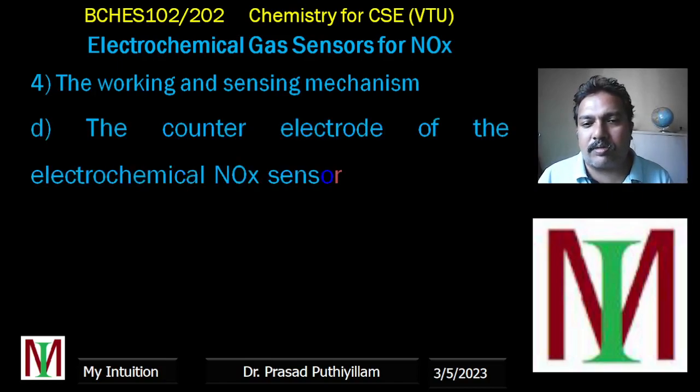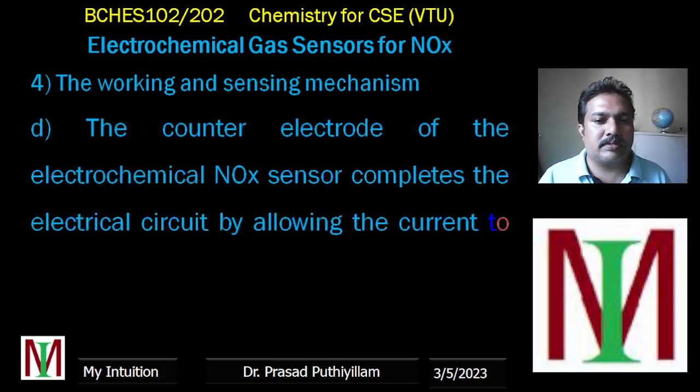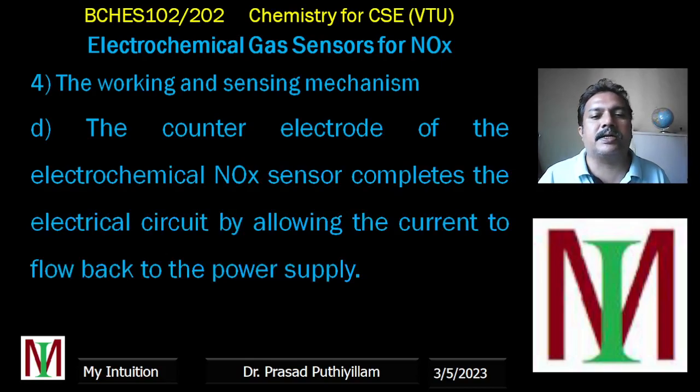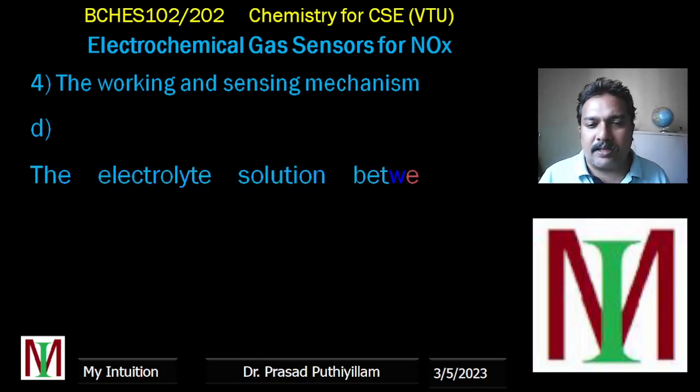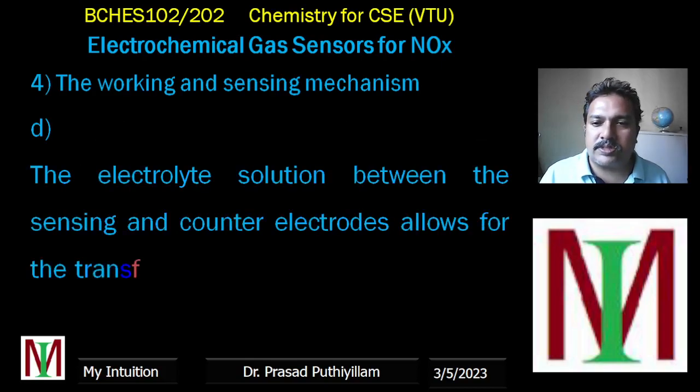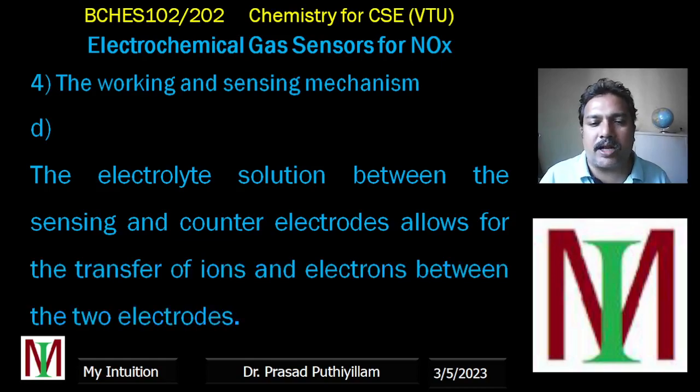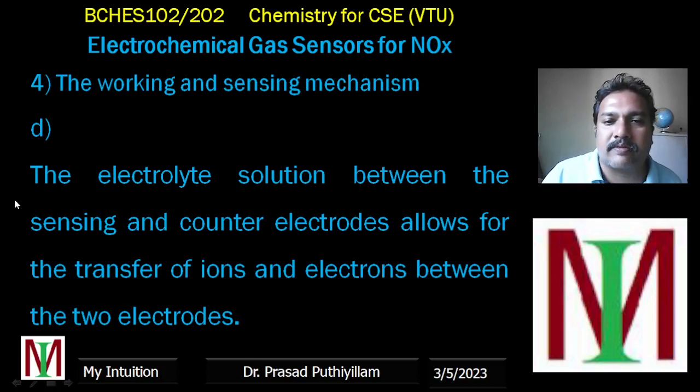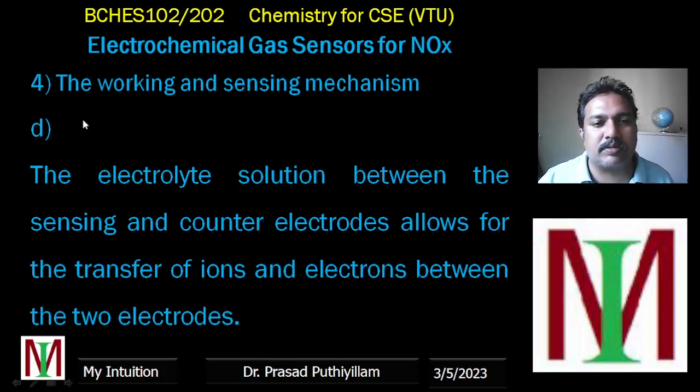The counter electrode completes the electrical circuit by allowing the current to flow back to the power supply. The electrolyte solution between the sensing and counter electrodes allows the transfer of ions and electrons between the two electrodes.